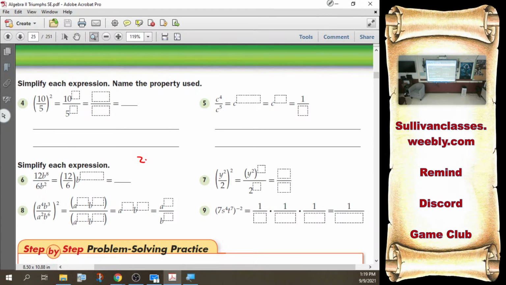Parentheses with a fraction and an exponent on the outside. 6. 6 has the fraction. 7 has the fraction and the parentheses. Stare at it.